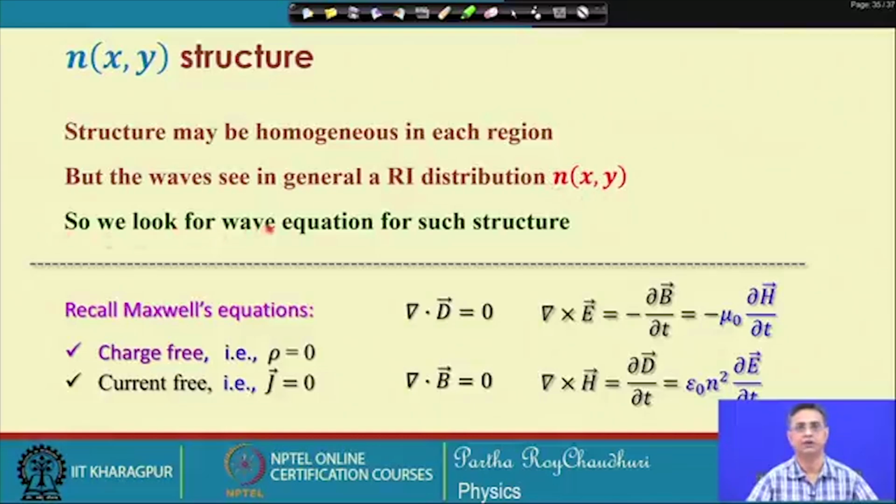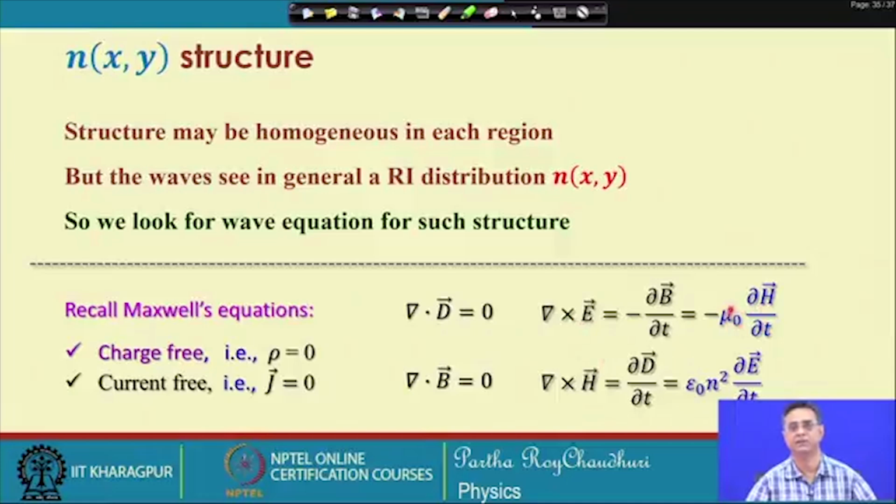So, we look for the wave equation for such a structure, and to do that we will recall Maxwell's equations for a charge-free and current-free region. So, rho equal to 0, J equal to 0, and you have a set of 4 Maxwell's equations: del dot D equal to 0, del dot B equal to 0, and so on. For the curl equations, we assume that all the media involved are non-magnetic.